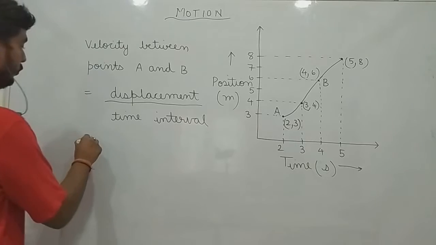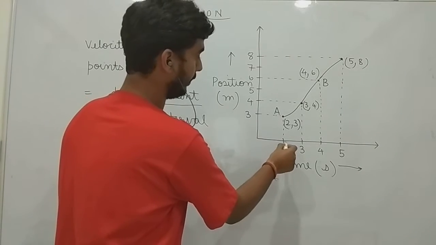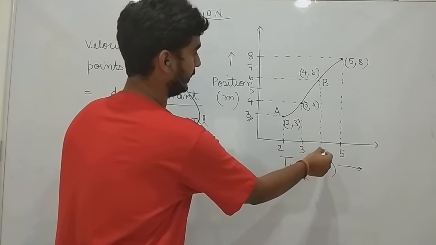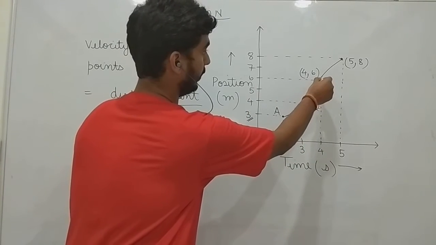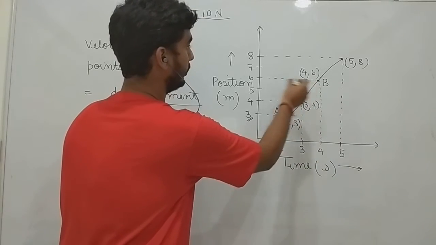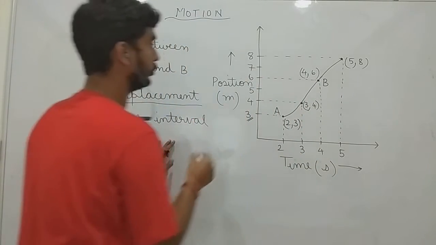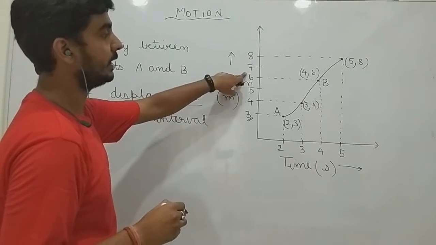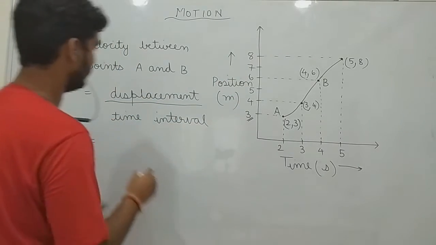At time t equal to 2 seconds, the object was at 3 meters. When we are talking about position B, at time equal to 4 seconds, the object is at 6 meters. So it has moved from 3 meters to 6 meters. 6 meters is the final position, 3 meters is the initial position.